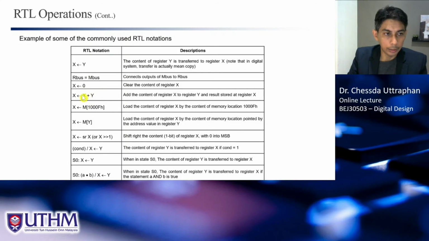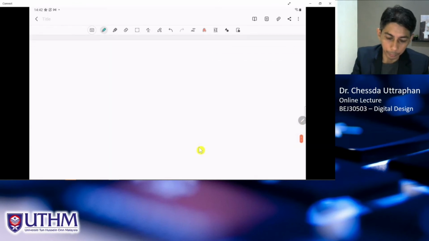Now the next operation is to move the result of this operation, where the content of X plus Y, and then we save it in X. The content of the X register plus the content of the Y register, we add them, and the result of this addition, X plus Y, is saved or transferred to X. If we look at the circuit, it looks like this, to represent that operation.